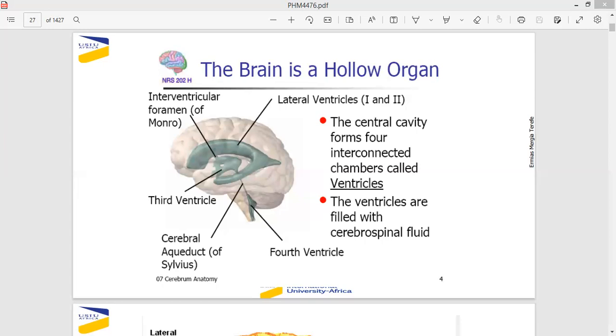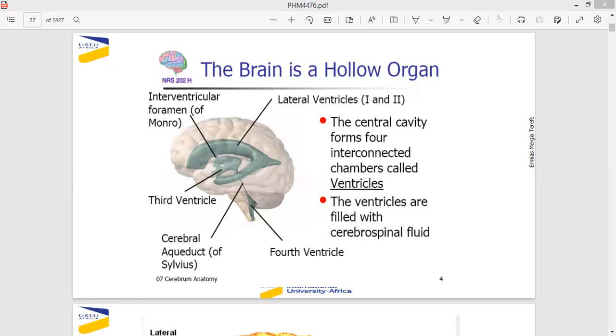Where is the origin? Is it from blood? Is blood done something so that it becomes CSF? Yeah, I think the blood is filtered in the choroid plexus to form the CSF. Yeah, nice.